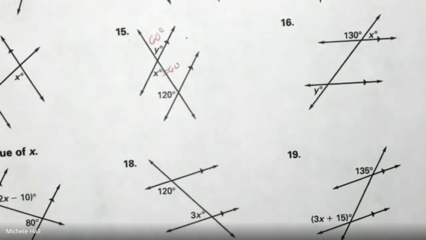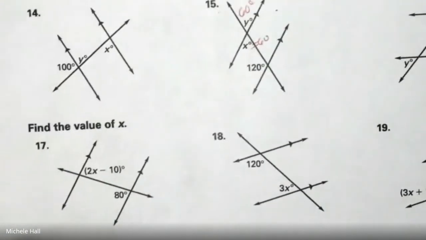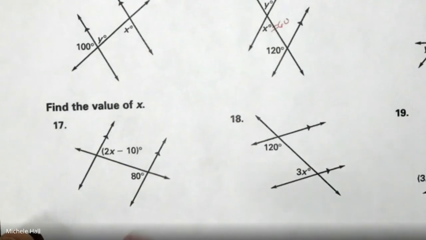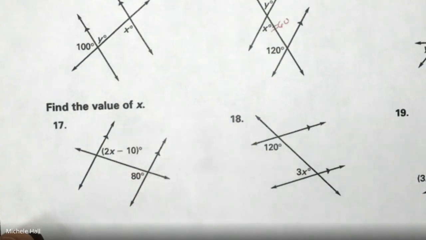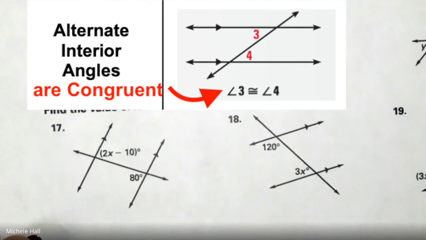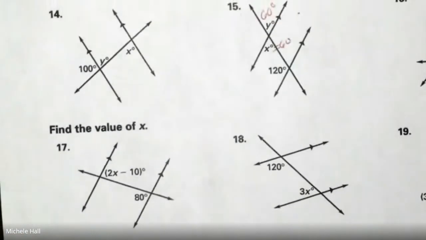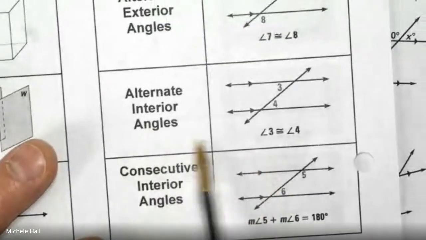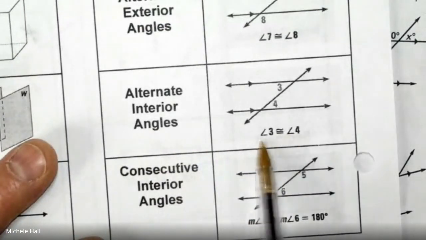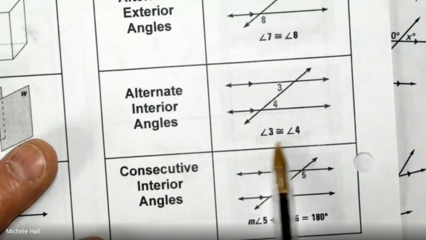Number 17. I see these two angles. What kind of angles are they talking about here? 2x minus 10 and 80. What are those angles that they gave you? I need to solve for x, but first I want to know what kind of angles they are. And if I look at alternate interior angles, look at what they say. Alternate interior angles, 3 and 4 are what? They're equal to each other.